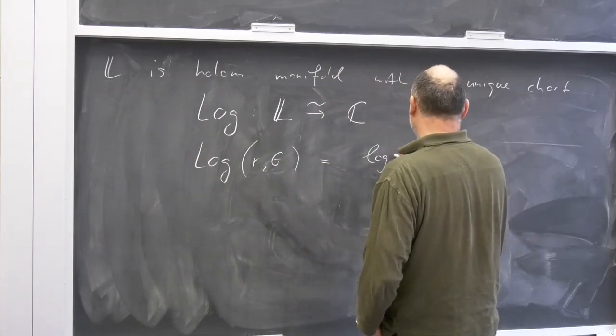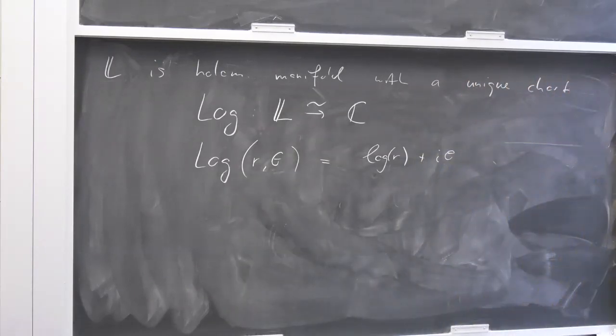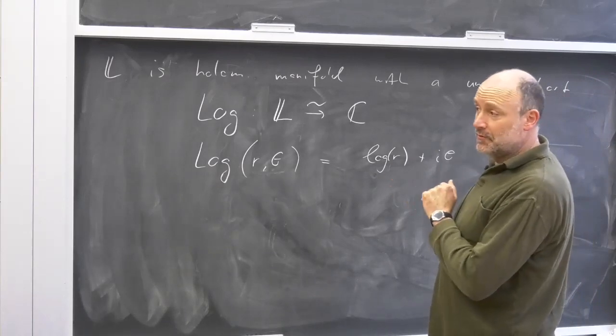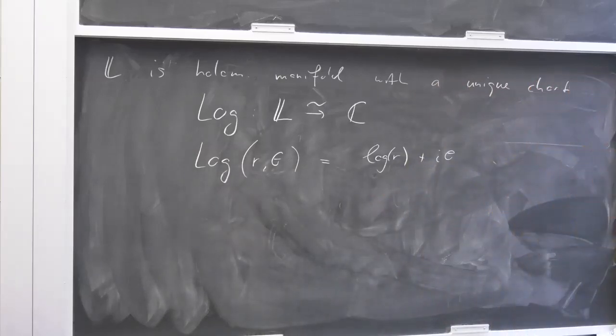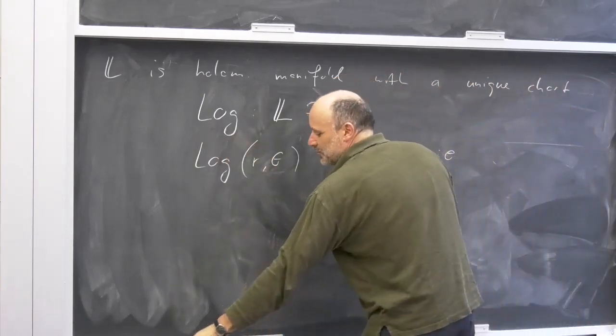There you go. It's the same holomorphic structure, of course. But you don't want to compute with pi because pi is not injective. So you want to use this in general when you try to compute things.